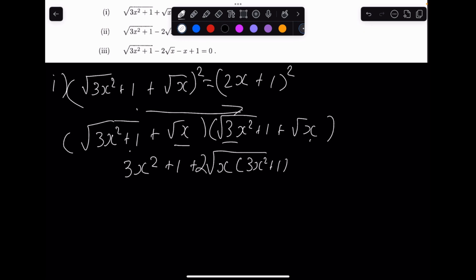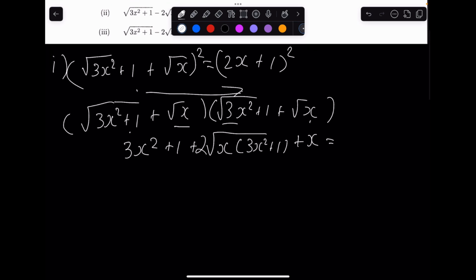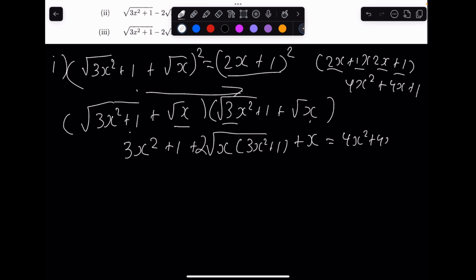Then root x times root x is just x, so plus x. That all equals 2x plus 1 squared, which is 4x squared plus 2x plus 2x, so plus 4x plus 1.